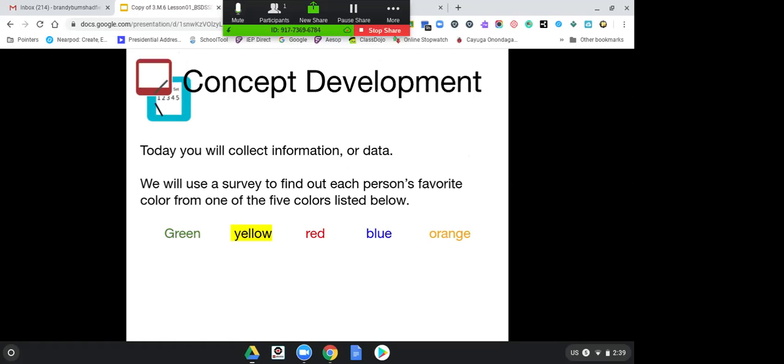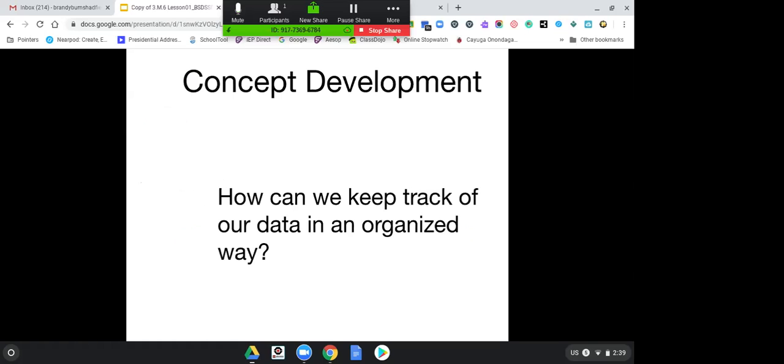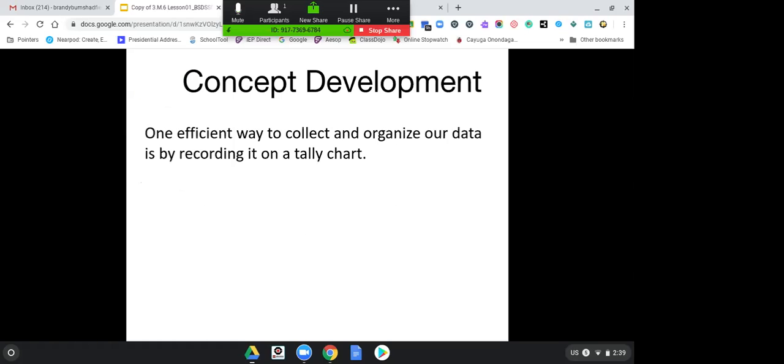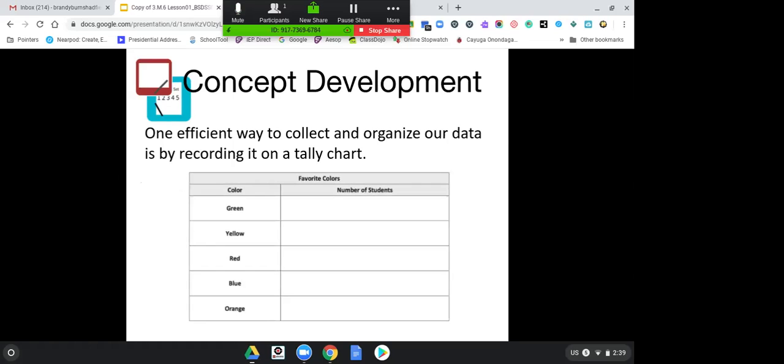Today we're going to collect information or data. We will use a survey to find out each person's favorite color from one of the 5 colors listed below. That would be what we would have been doing in class. They tell you a way to organize data is by using a tally chart. We would tally up the number of people who picked each of the following colors.